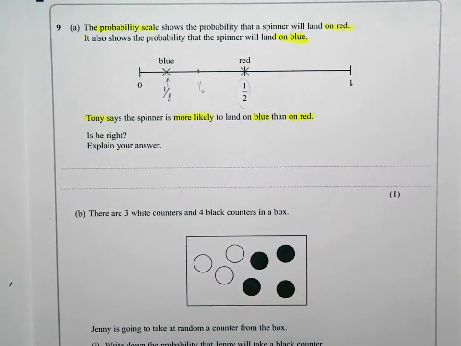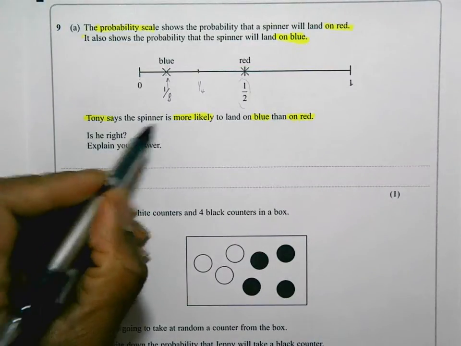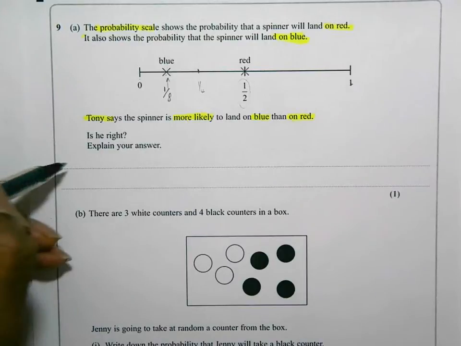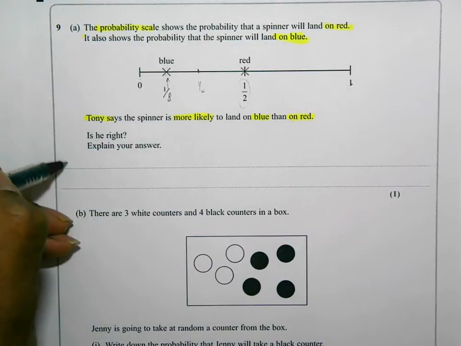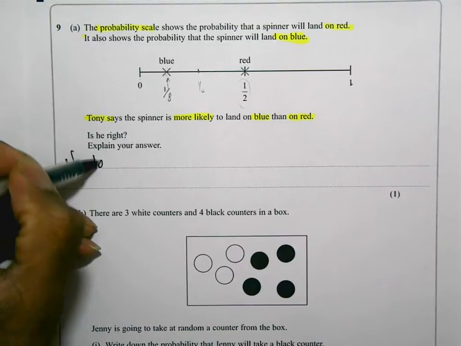Let's read the question again. Tony says the spinner is more likely to land on blue than on red. Is he right? No, he is wrong.